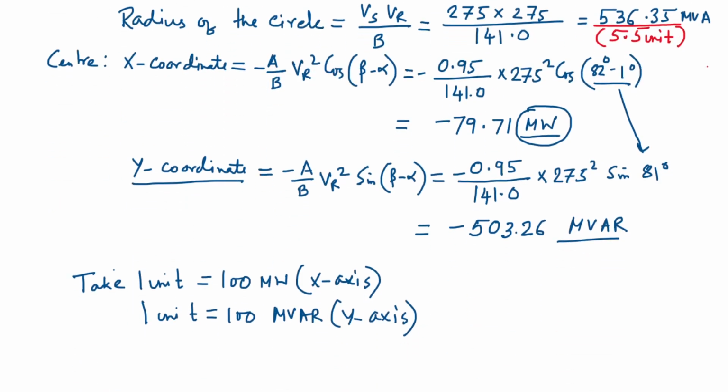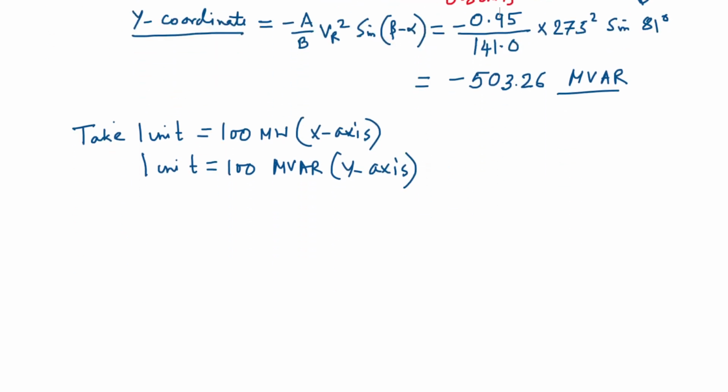Also, roughly this minus 79.71 will represent roughly 0.8 units. And roughly this 503.26 represents roughly 5 units.